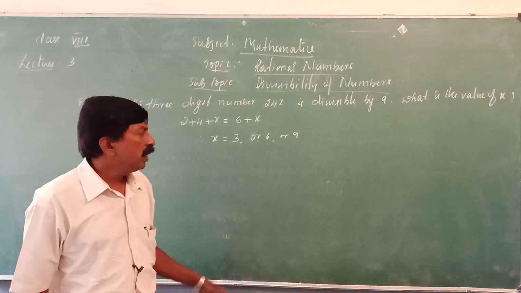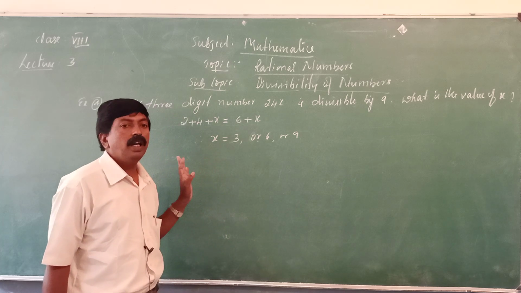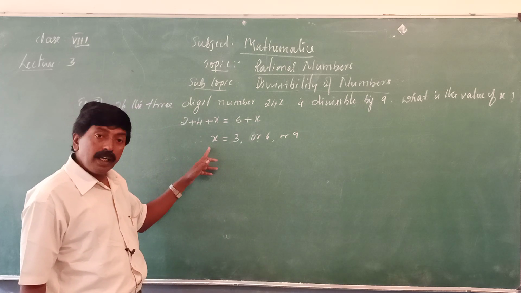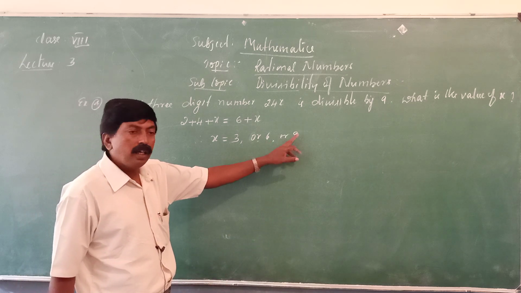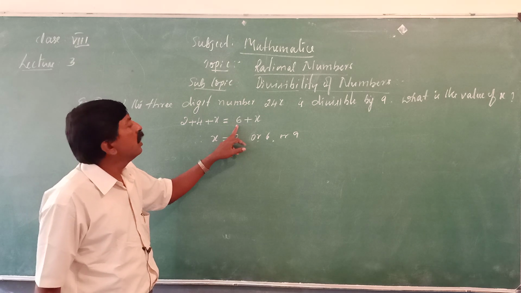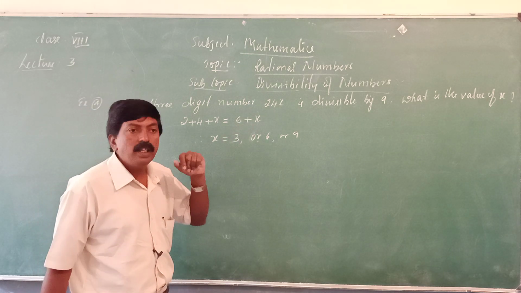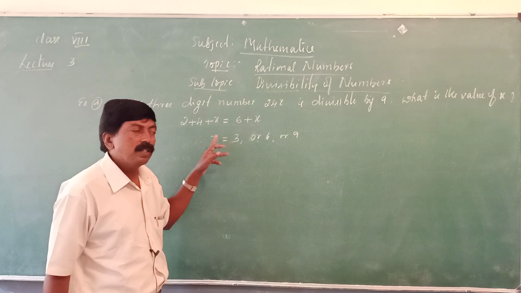If its sum is divisible by 9, definitely that number is divisible by 9. By taking the x value 3 or 6 or 9, suppose you take 9, 9 plus 6 is 15, and 15 is divisible by 9.